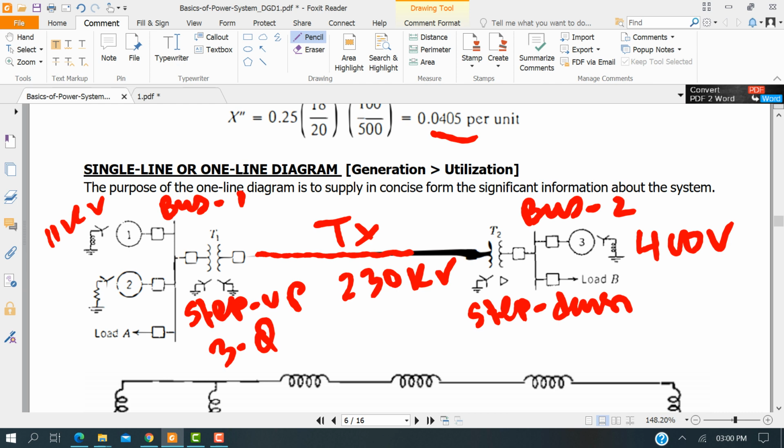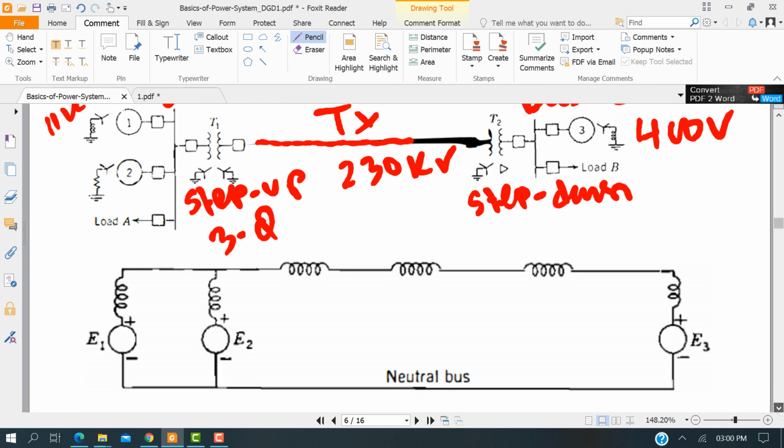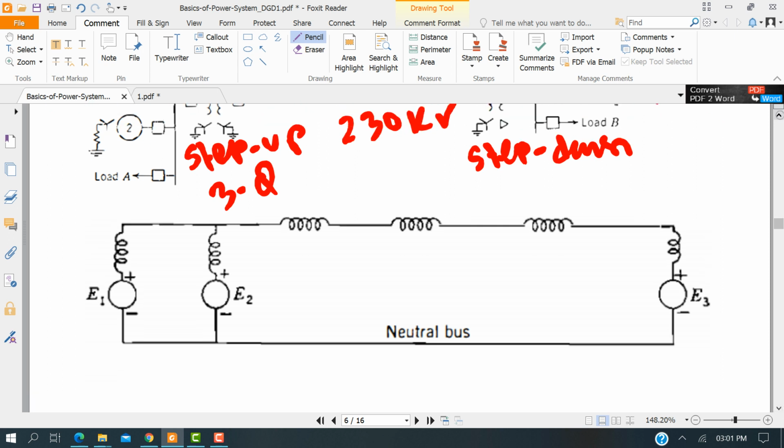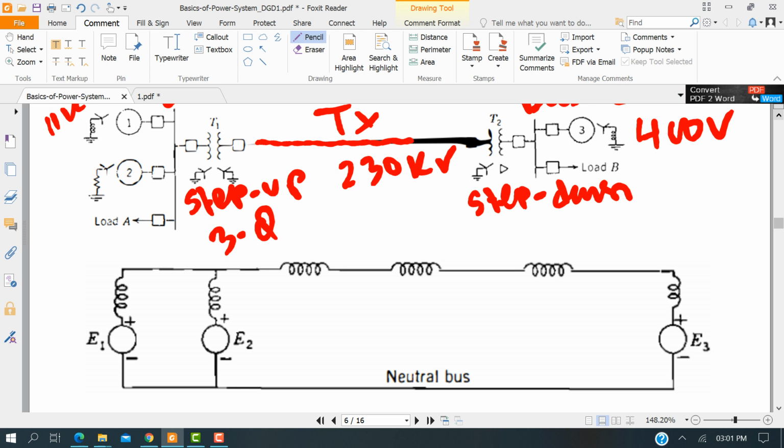If we show the simplified reactance diagram over here, we see the neutral connection. We have to draw the neutral first, and then you see that machine 1 is here with its equivalent reactance, and machine 2 with its equivalent reactance. We do not need to show the load, because only the concise, important information is shown over here.